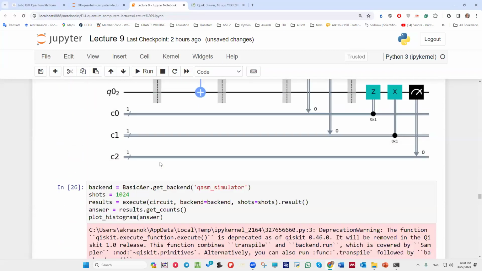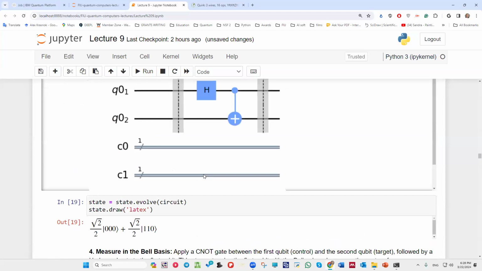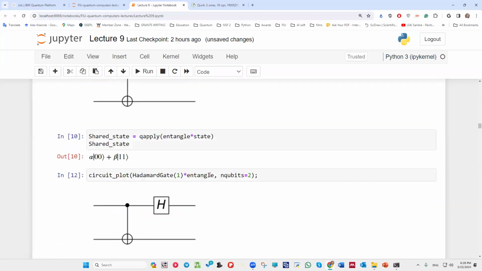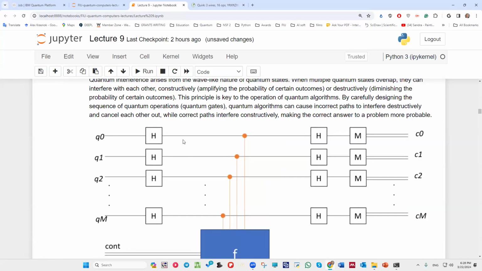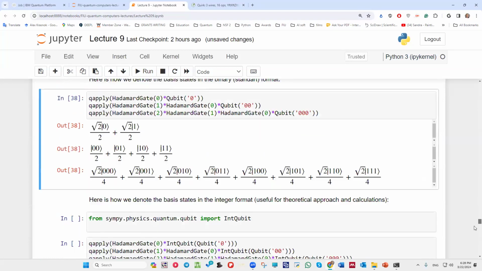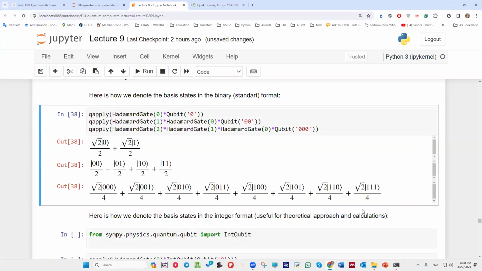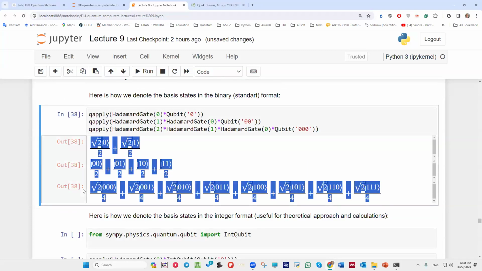Like if we go back to this point here, we describe this part of the circuit: applying the Hadamard gate to every single qubit creates this superposition state of 2 to the power of n elements.